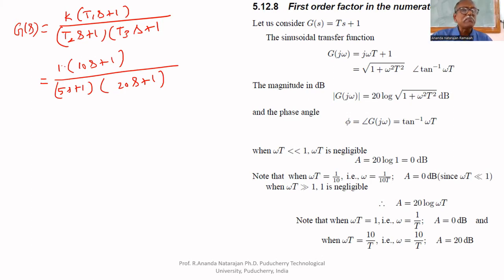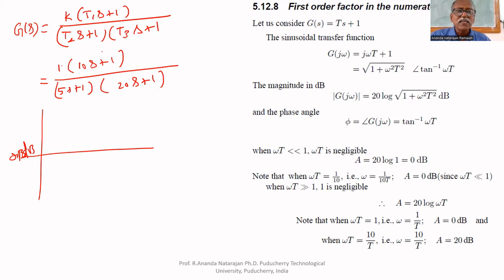For K equal to 1, 20 log K equals 0. That's why the plot for K, when K equals 1, is at 0 dB: you will get a horizontal line. That's all.